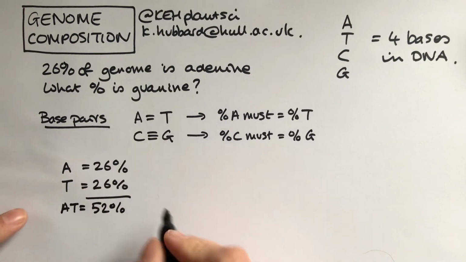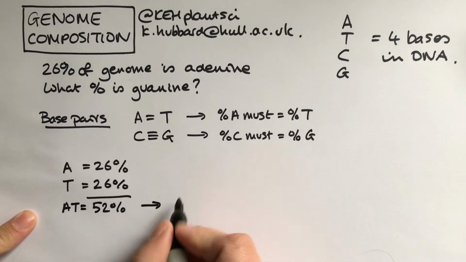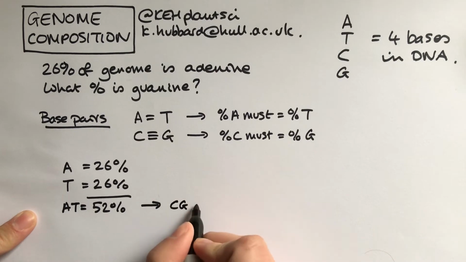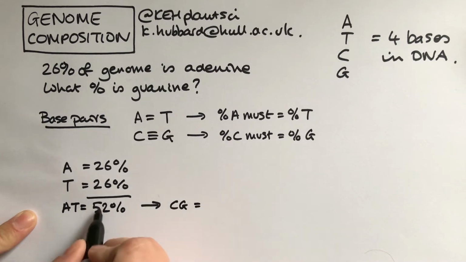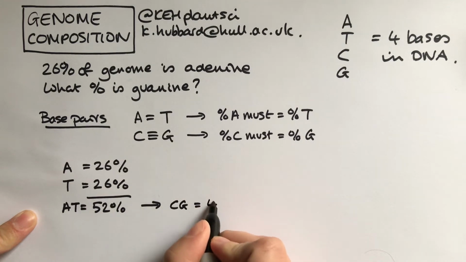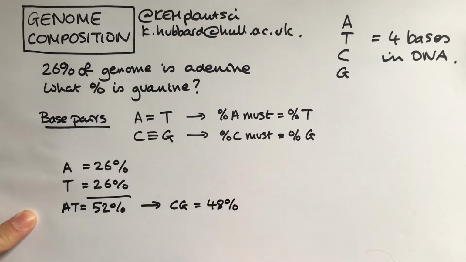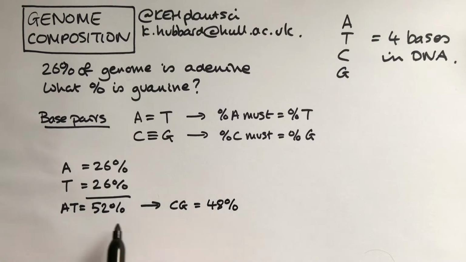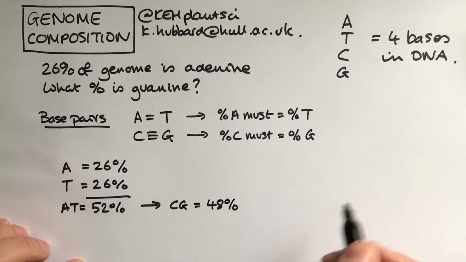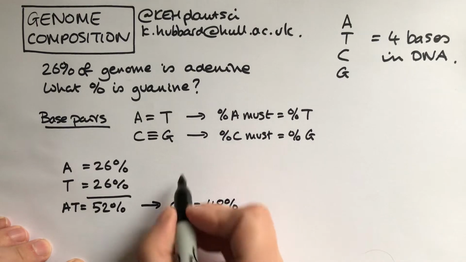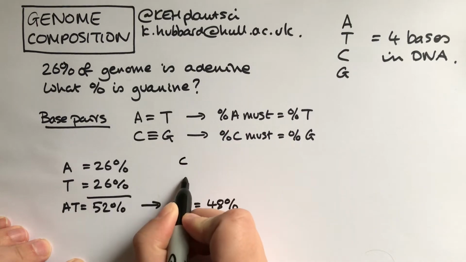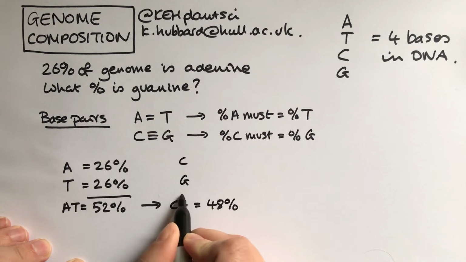That means that C and G must equal 100 minus that, which is 48% of the genome. So 52% is AT, therefore 48% is C and G, which must mean that C and G are half of that.